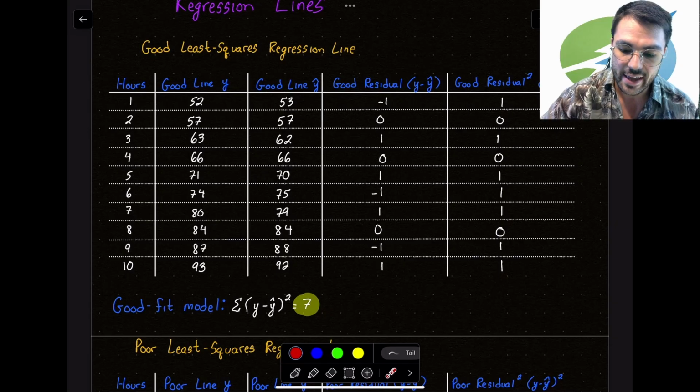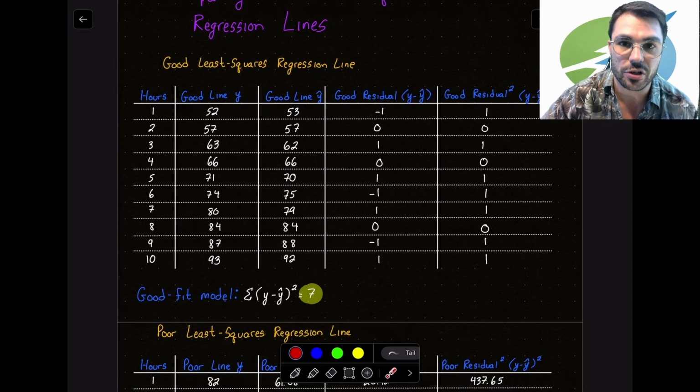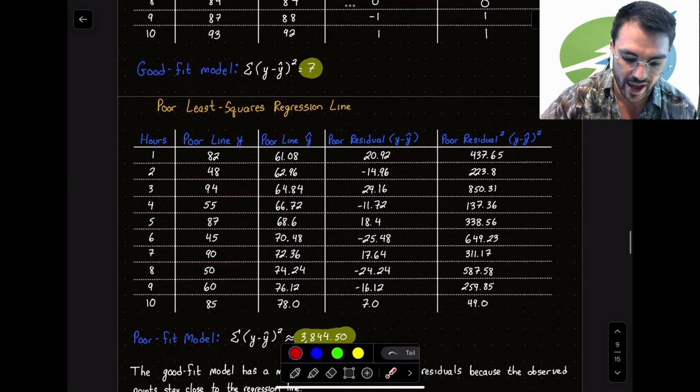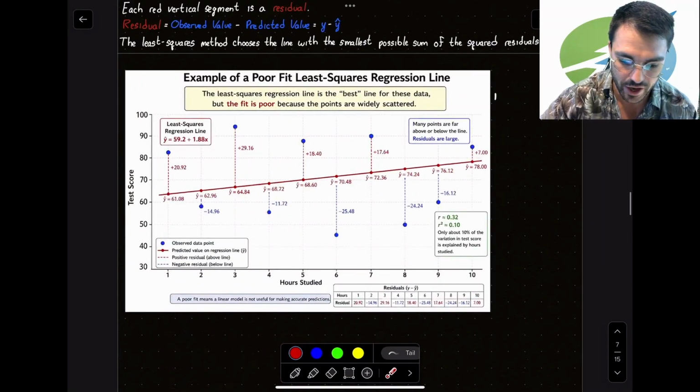When we take the sum of the squares of the residuals, the smaller that value is, the tighter our line is. The closer your average point is to the regression line. And you can see here with the poor example, this is the data taken from this table here.